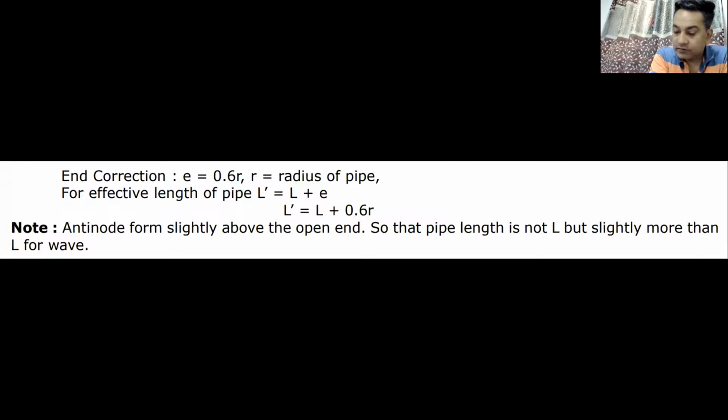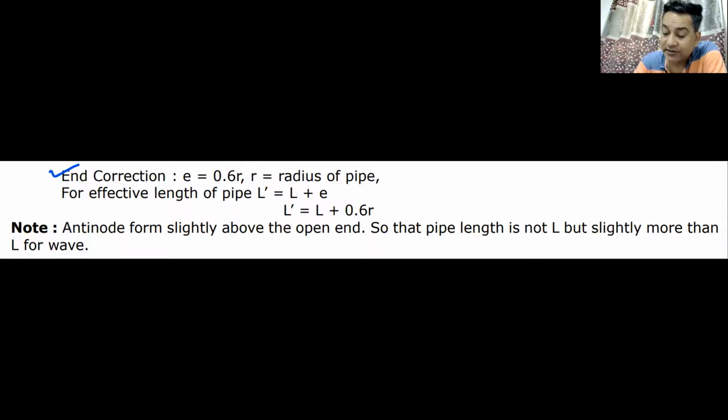Well, then, there is sometimes a thing known as end correction. What happens in an end correction? The antinodes, which are there at the open end, do not occur on the open end. They occur slightly outside. So we have to correct the end.